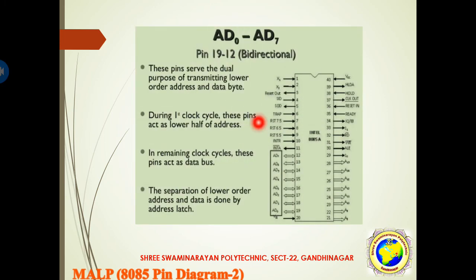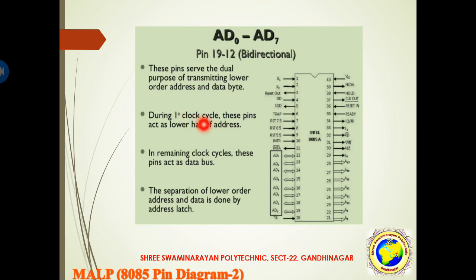Then, as we have already discussed in a previous video, AD0 to AD7 are bidirectional pins, from pin 12 to pin 19. These pins serve the dual purpose of transmitting the lower order address and data, multiplexed.